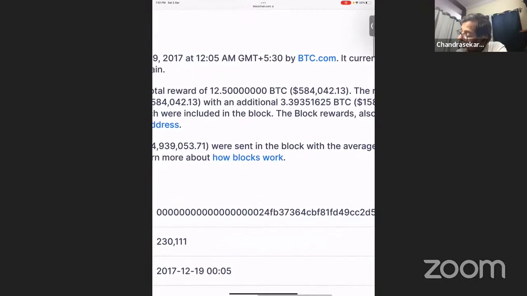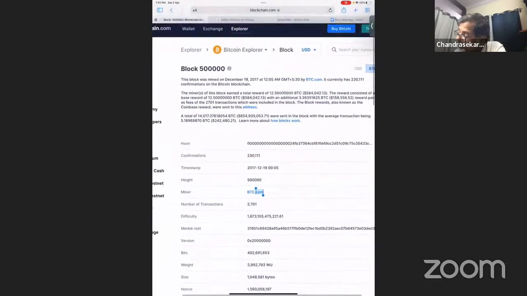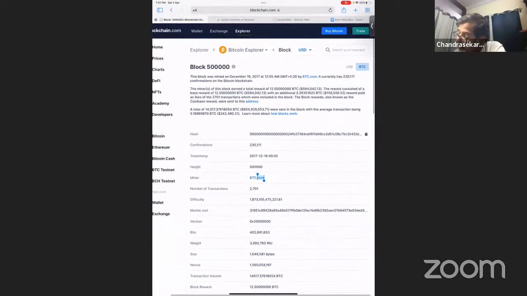How much he got? A block reward is paid. Therefore, this fellow is now having in his account, because he is a miner, he also has an address. When the block was generated, the block incentive will be given to the address of the miner who has generated it.